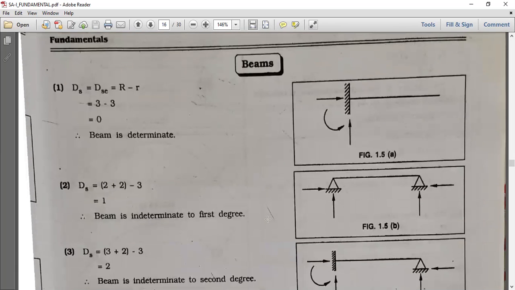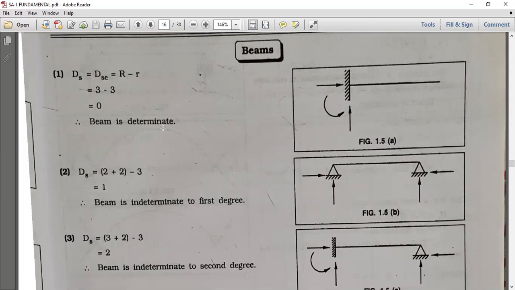Now we are going to start with this beam. Just ignore the calculation, we can calculate on our side. First, in beam, we can show that there is only a simply supported cantilever beam. In this case, there are support reactions 1, 2, and 3, and the equilibrium conditions also 3.